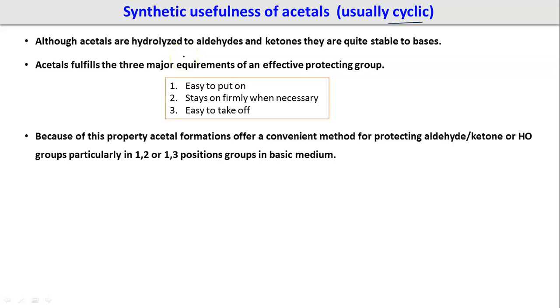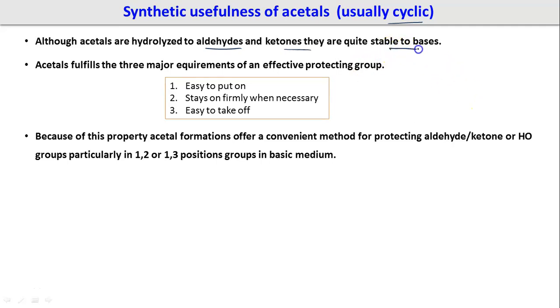You can check the video, that acetals are hydrolyzed to aldehydes and ketones, okay, in presence of acid normally, but they are stable to base. And why it is so, the reason is discussed in detail in the last part. You can click on the link that is appearing on the screen, okay.